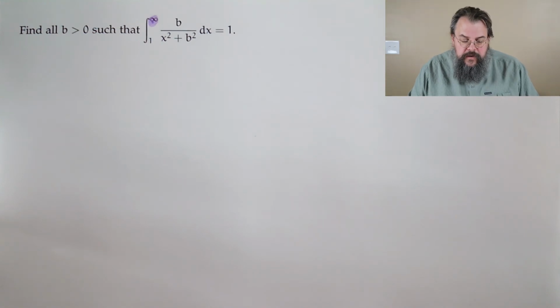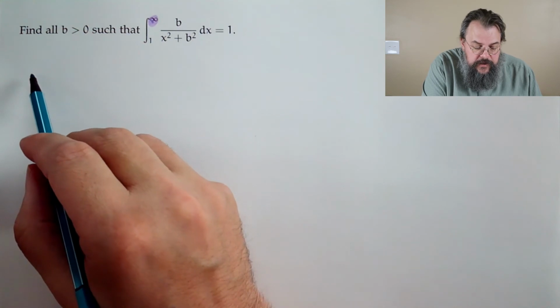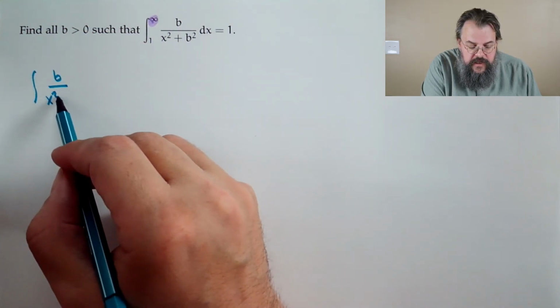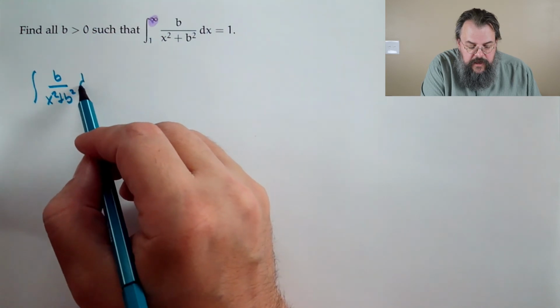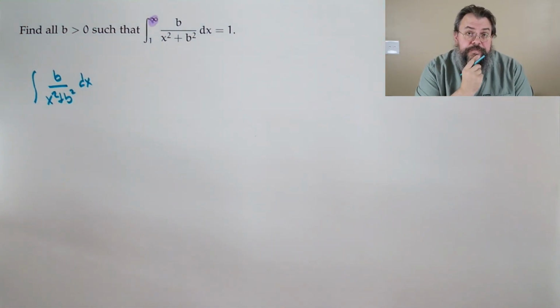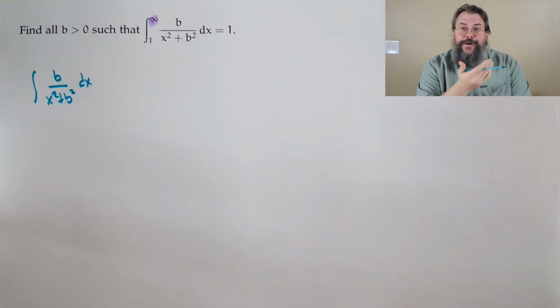Well, suppose we look at the integral of b over x squared plus b squared. Let's just think about that integral, and I'm not going to worry about bounds for the second. What does it remind us of? It feels very arctangent-y, doesn't it? Because 1 over x squared plus 1 is an arctangent.